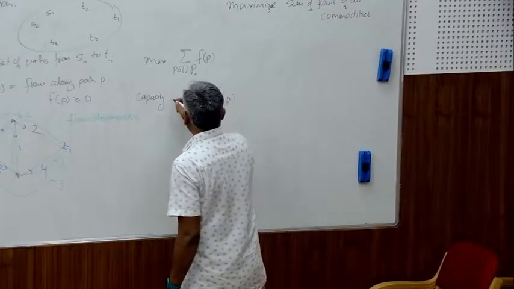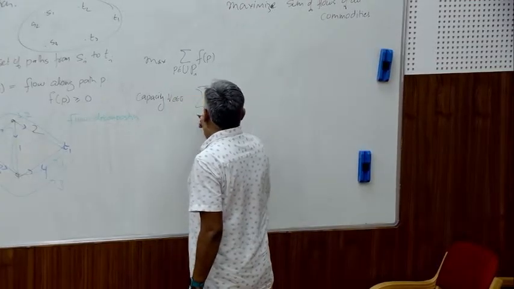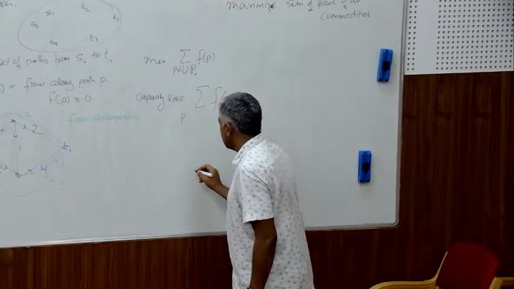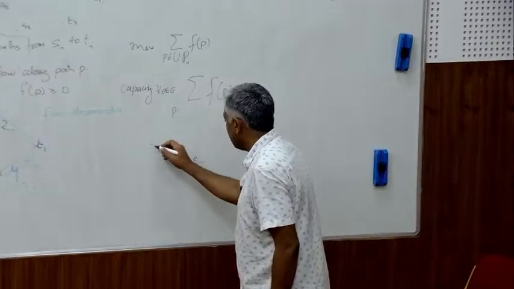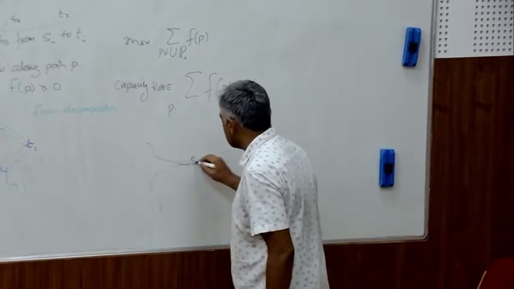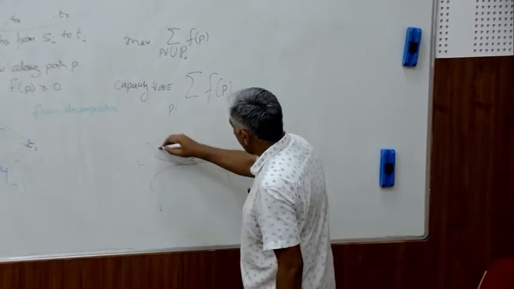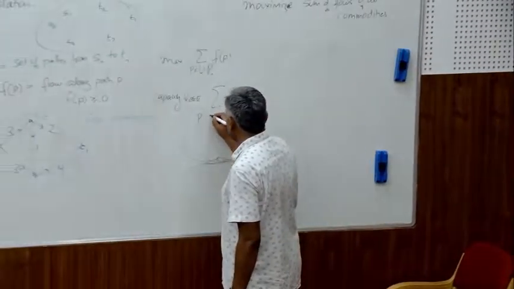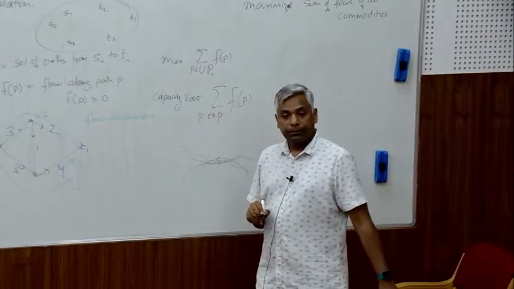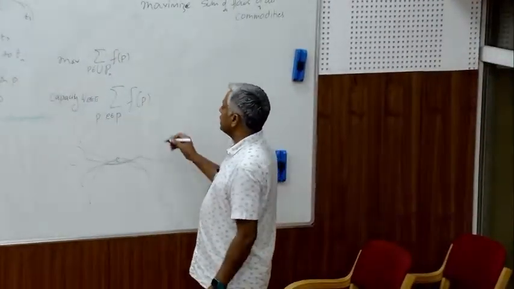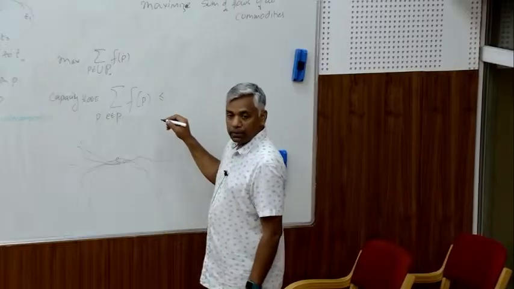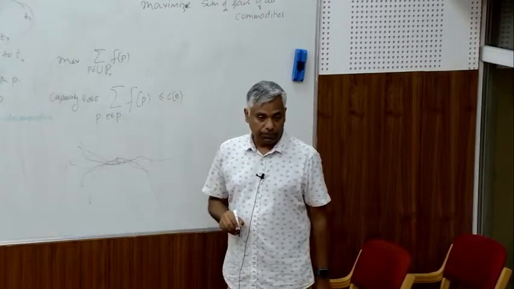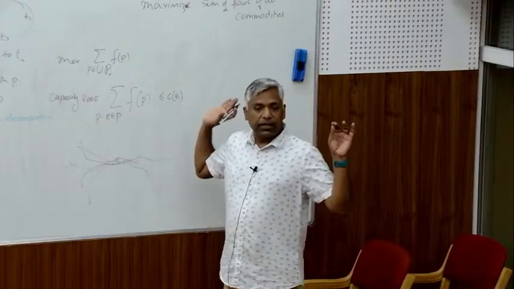If I take any edge in this graph, I look at all the paths that go through this edge and look at all the flow values on these paths. There's some p such that e belongs to p. How much should this sum be? c_e, the capacity of the edge. And that's it. This is the entire linear program.